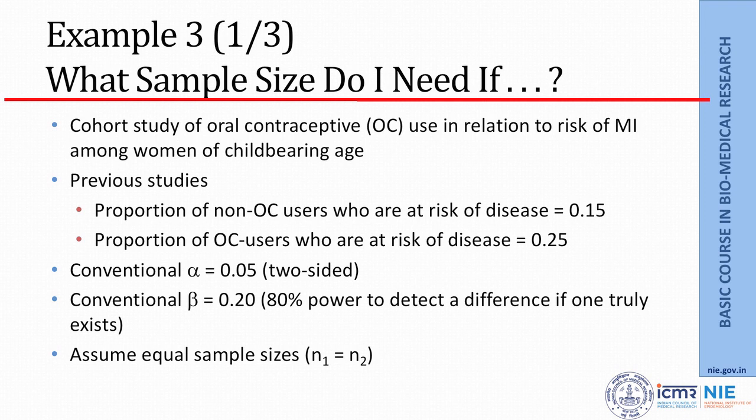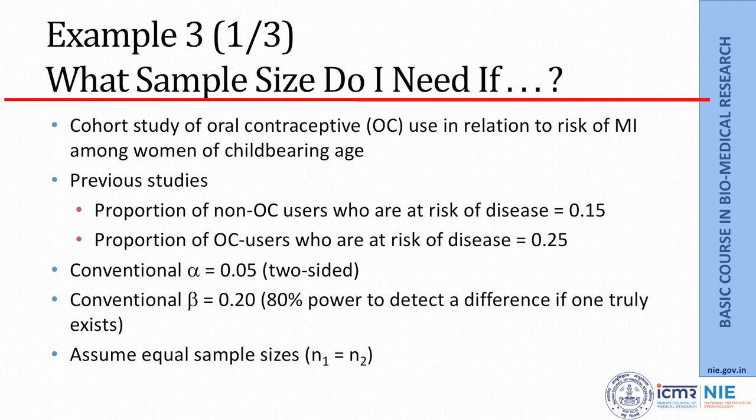Previous studies have indicated that the proportion of non-OC users who are at risk of disease is 0.15. That is 15% of non-OC users, women of childbearing age, have a risk of myocardial infarction.